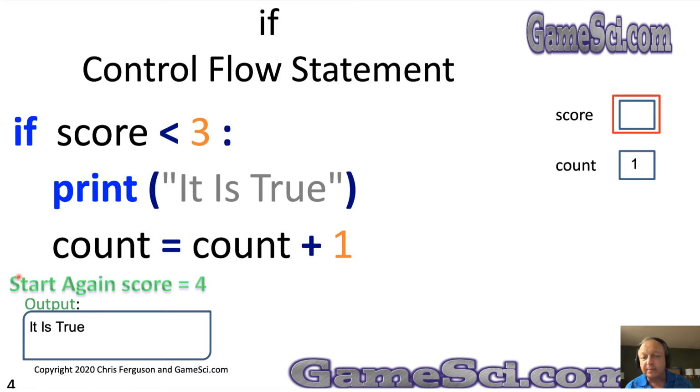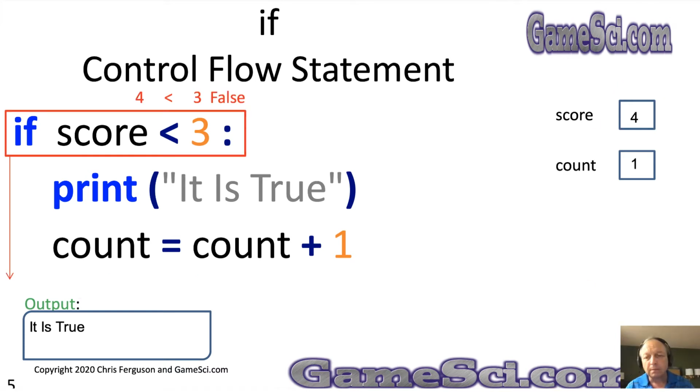Let's run this example again using a new value for the score variable. We'll start this all over again, and this time we will update the score variable to contain a 4. With a 4 in the score variable, this now evaluates out to 4 less than 3. 4 less than 3 is a false statement. As a false statement, we will skip the indented code.